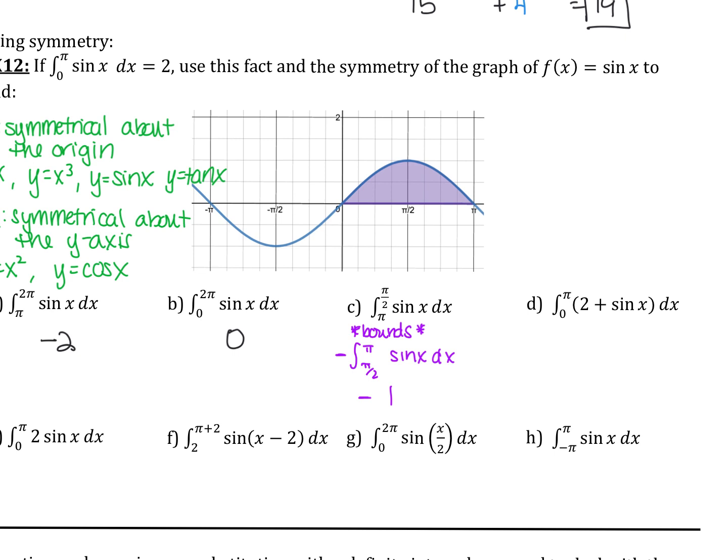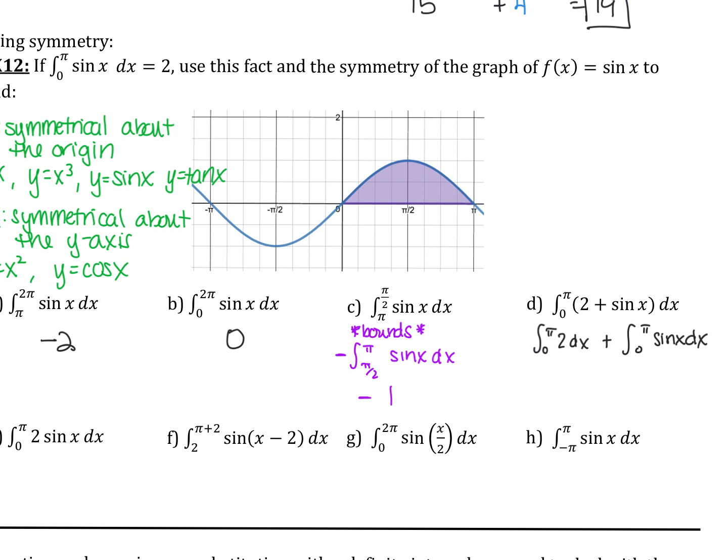Okay, let's look at this fourth example. This is going to be very similar to example 11 that we just looked at. I'm going to separate this. This really becomes the integral from 0 to pi of 2 dx plus the integral from 0 to pi of sine of x dx. And the area under the curve from 0 to pi of 2 is going to be just 2 pi.